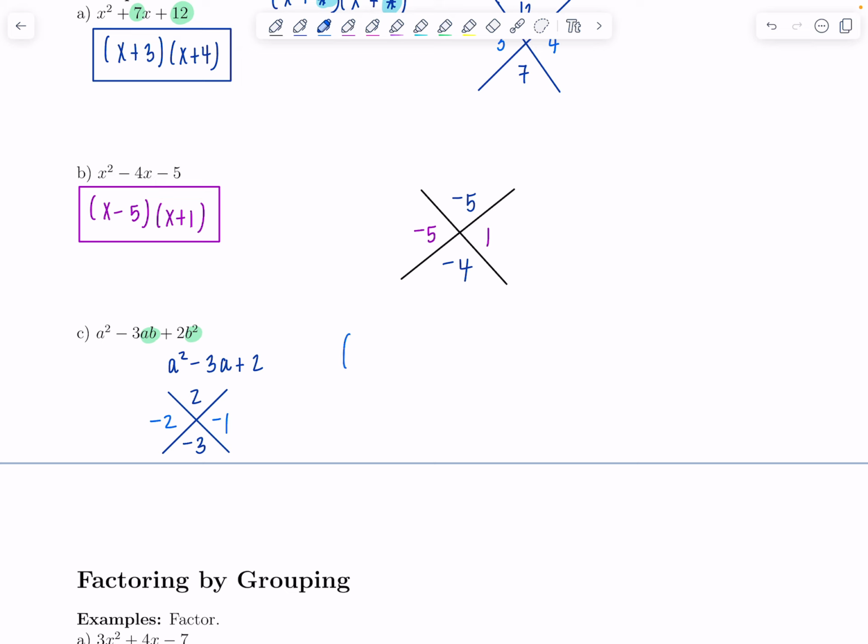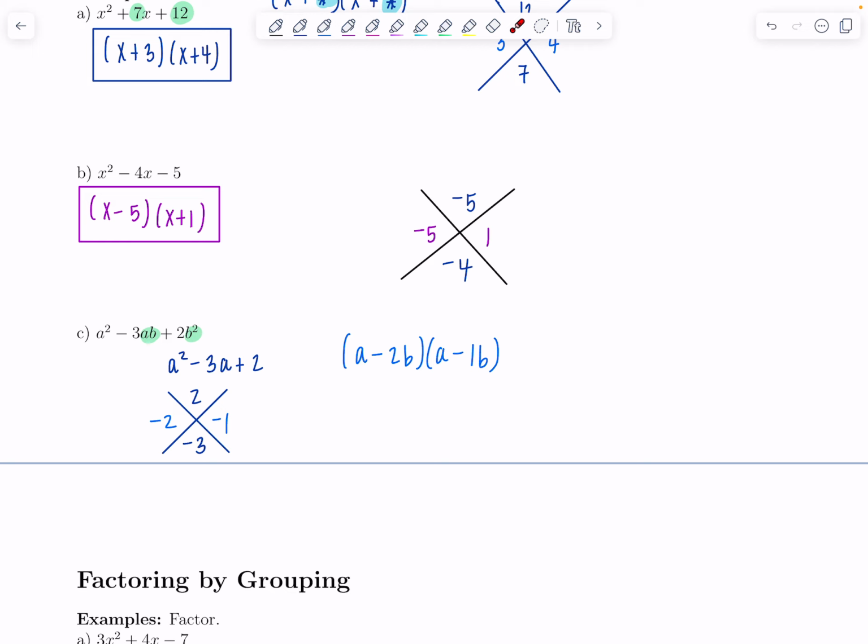Okay, so then you set it up the same way. You're going to have a minus 2, a minus 1, and then since we want the last term to be b squared attached to the constant, I'm just going to put a b here. And then it's going to work out that the middle term is minus 3ab, because watch, this is negative ab, this is negative 2ba, which is the same as negative 2ab.